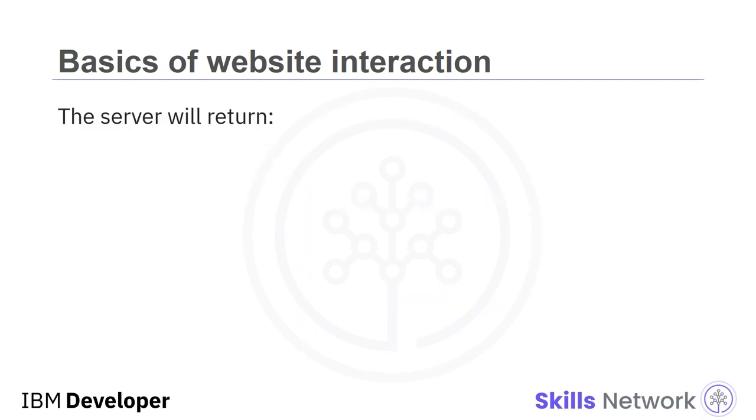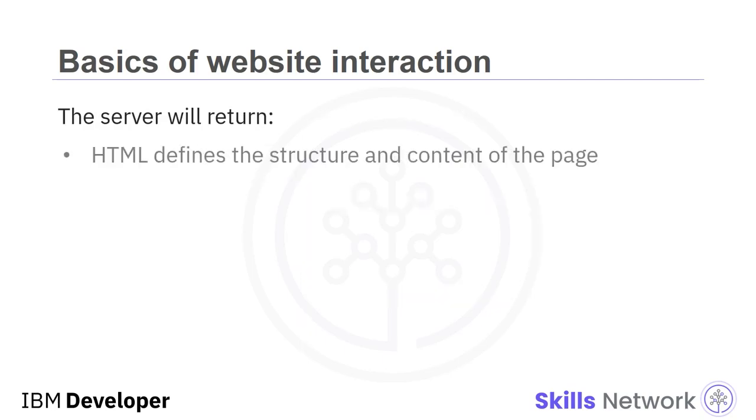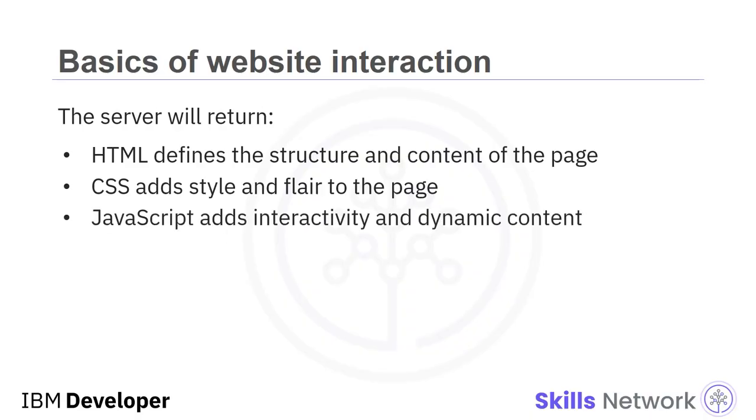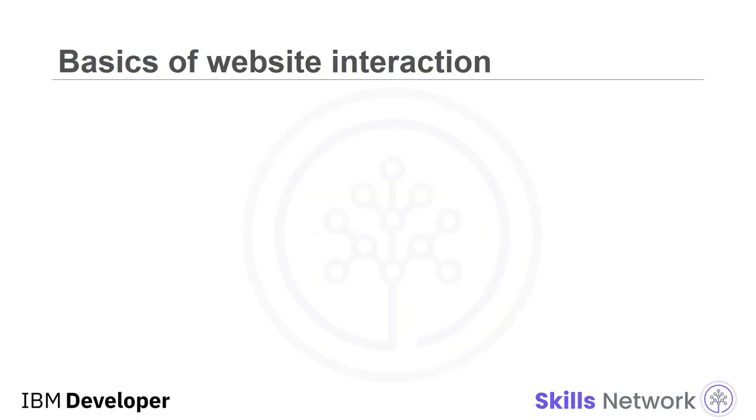For most websites, the server will return HTML, which defines the structure of the page but doesn't look very attractive, CSS, which adds style and flair to the page, and JavaScript, which adds interactivity and dynamic content.